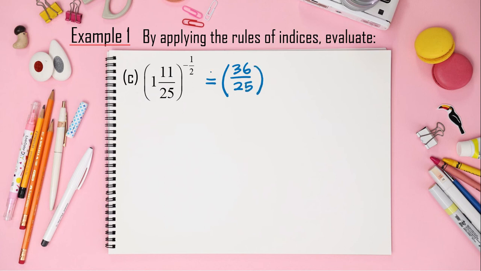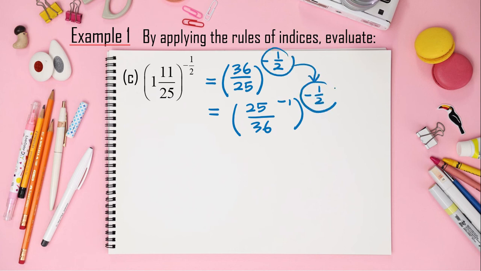You can see that our index is a negative number, so again we will use rule number 2 so that we have 25 over 36 to the power of negative 1, again to the power of negative 1 over 2 from the original index. Now the indices can be multiplied together, so we have 25 over 36 to the power of 1 over 2.